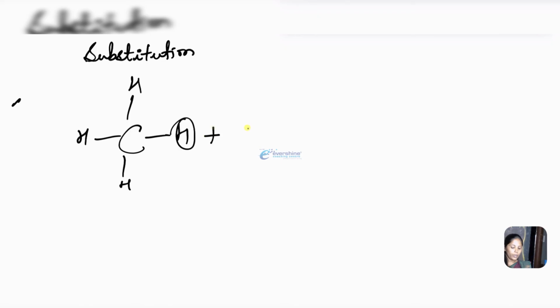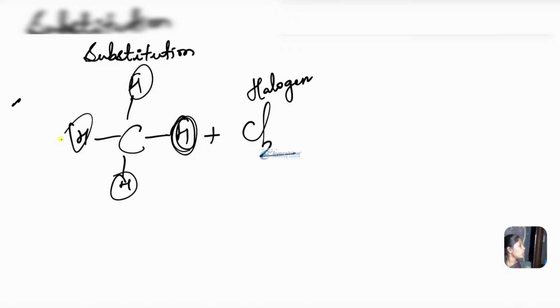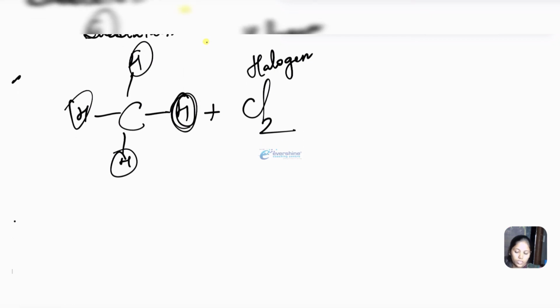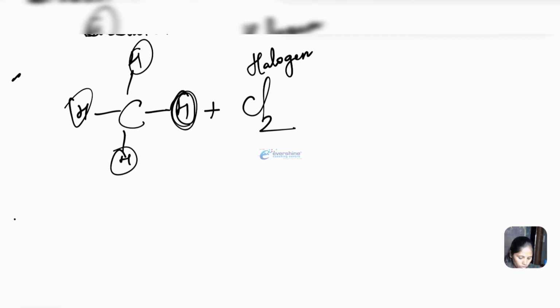How can you substitute one hydrogen? By using what can you substitute one hydrogen? By using chlorine. Chlorine is nothing but a halogen. By using a halogen, we can substitute the hydrogens. This is called substitution reaction. So using halogens, we can substitute the hydrogens present in the hydrocarbons.